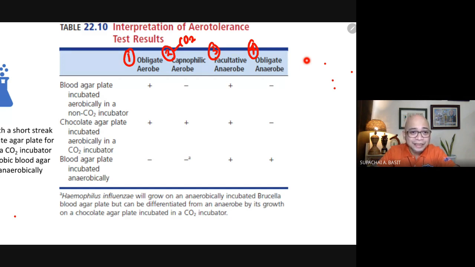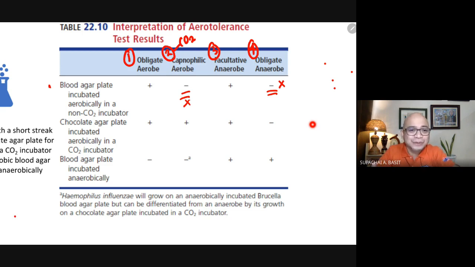So if you have a blood agar plate incubated aerobically in a non-CO2 incubator, you wouldn't expect obligate anaerobe and capnophilic aerobe to grow. Because you incubated it aerobically, the obligate anaerobe will not grow, and since it is a non-CO2 incubator, the capnophilic aerobe will not grow.